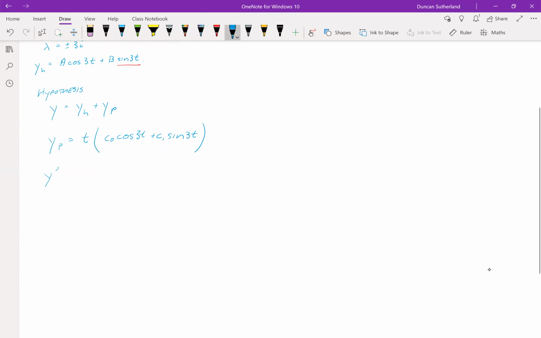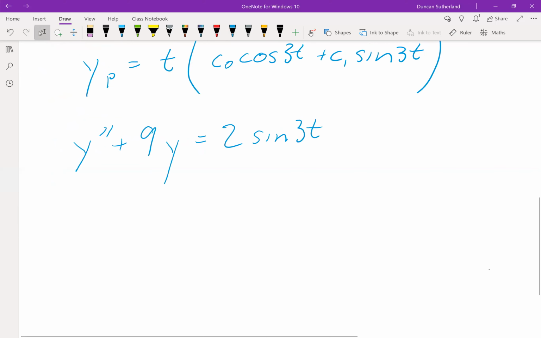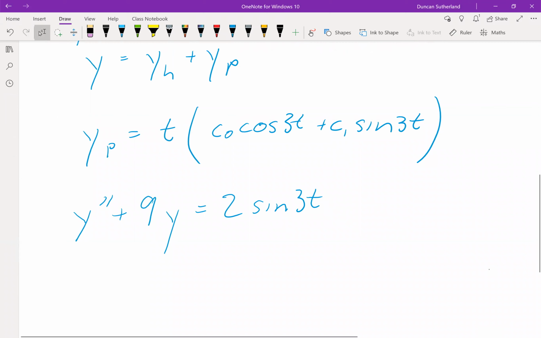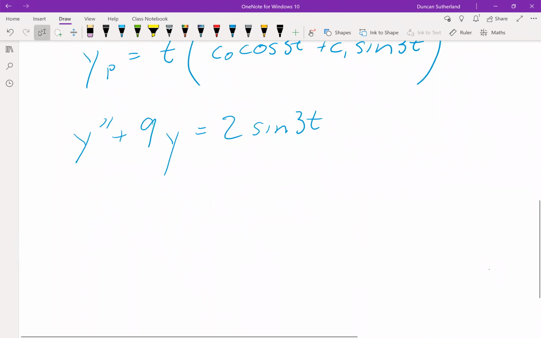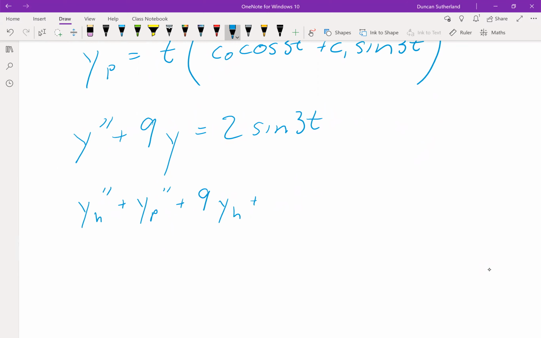So I'll just reproduce the equation. That's the easiest thing to do. Right. So we plug in our hypothesis y_H plus y_P, equals 2 sine 3t.